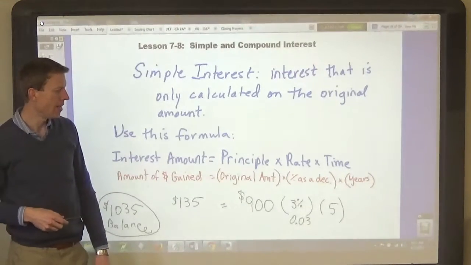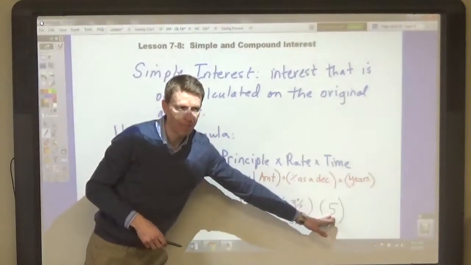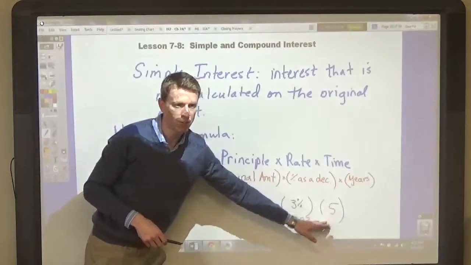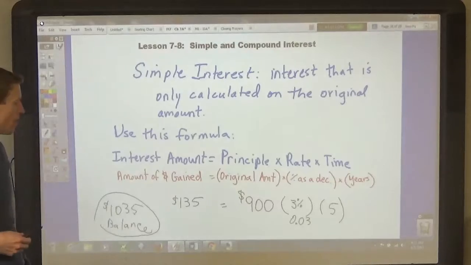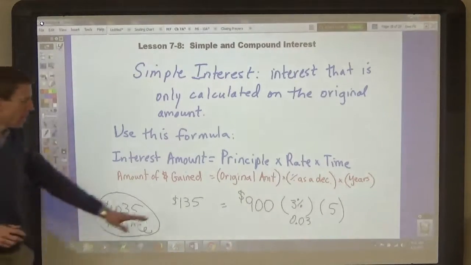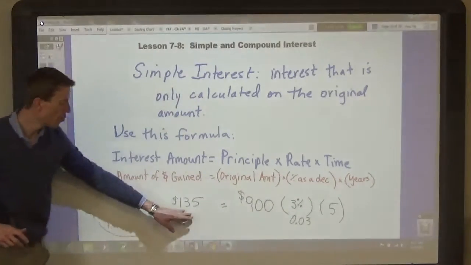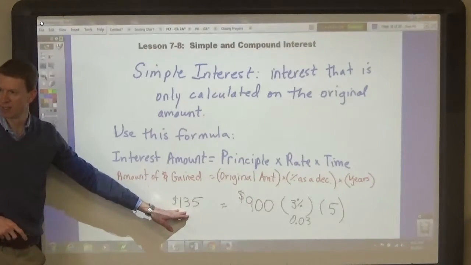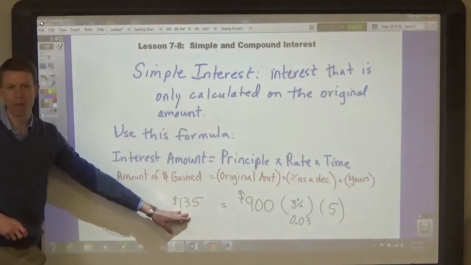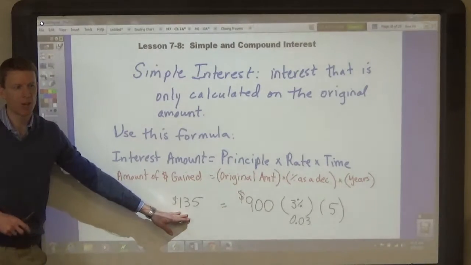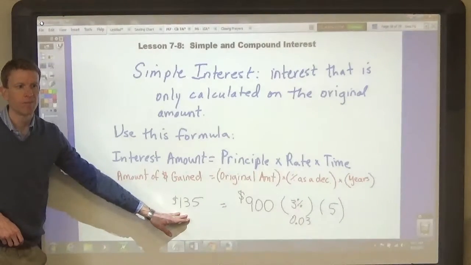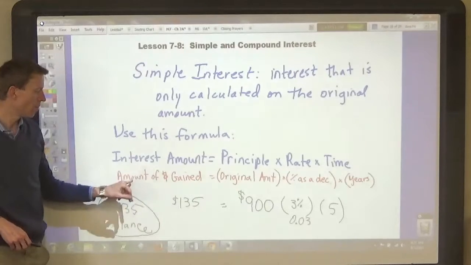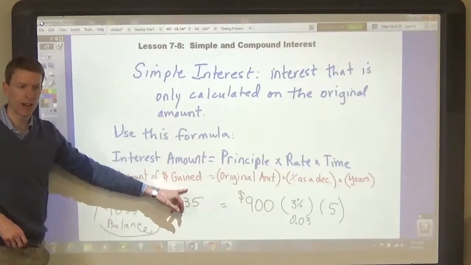And if you multiply that by 5, that refers to what? Years. Yeah, 5 years. And what we get when we multiply those together is $135. What is that amount called, Max? Okay, it's the interest, or the amount of gain in those 5 years.